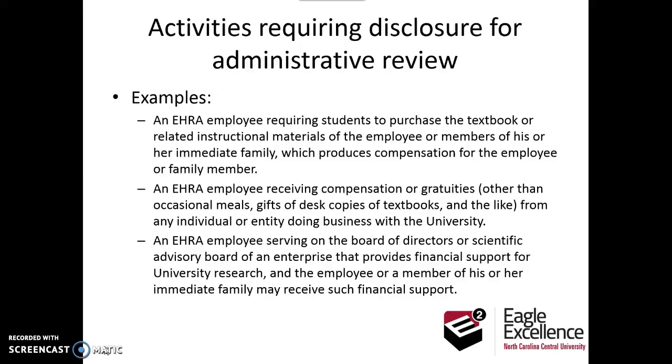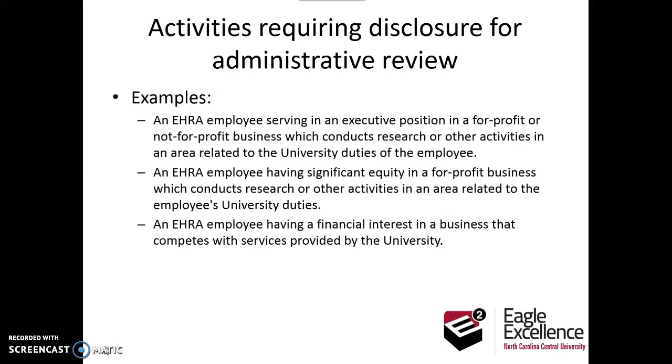An EHRA employee serving on the board of directors or scientific advisory board of an enterprise that provides financial support for university research, and the employee or a member of his or her immediate family may receive such financial support. An EHRA employee serving in an executive position in a for-profit or not-for-profit business which conducts research or other activities in an area related to the university duties of the employee.